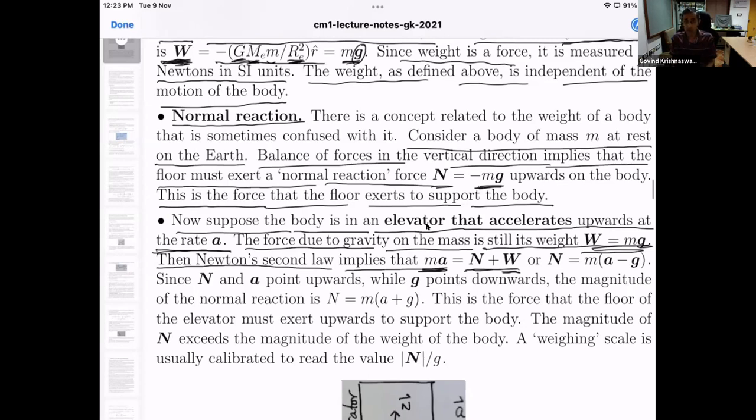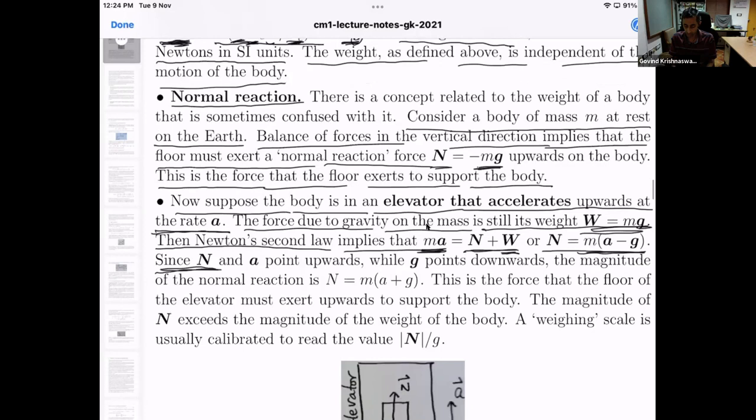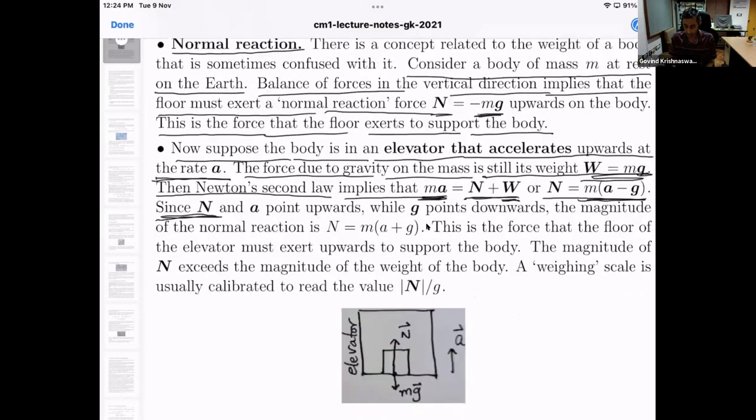So combining these two, taking W equal to mg to the other side, we find that the N force is equal to m times (a plus g). Let us just get our wits right about this. Now the normal reaction force N points upwards. The weight is pointing downwards. Acceleration is also pointing upwards. Okay, so this is the setup.